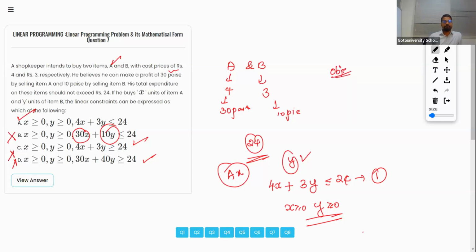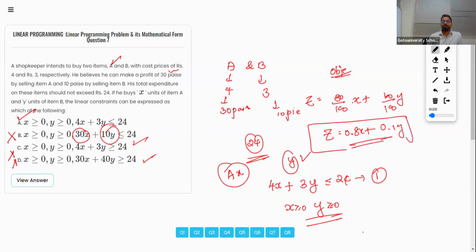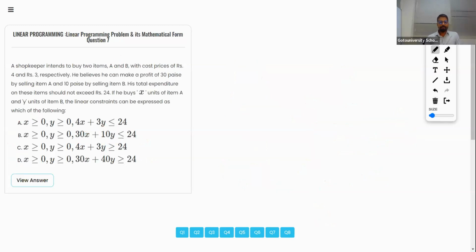What is the profit here in terms of rupees? 30 paise means 30 by 100 for x, and 10 by 100 for y, which is 0.3x + 0.1y. This is our objective function which has to be maximized. Let's go for the next question quickly.